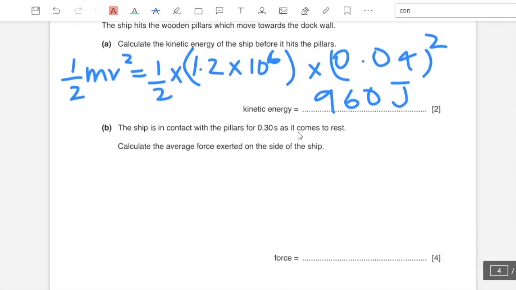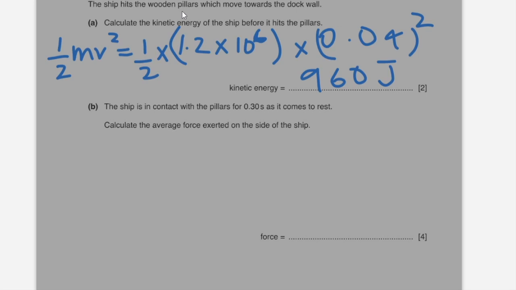B. The ship is in contact with pillars for 0.3 seconds as it comes to rest. Calculate the average force exerted on the side of the ship. Okay, so the formula of force is mass into acceleration, which is also equal to mv minus mu divided by t, or change in momentum divided by time taken.